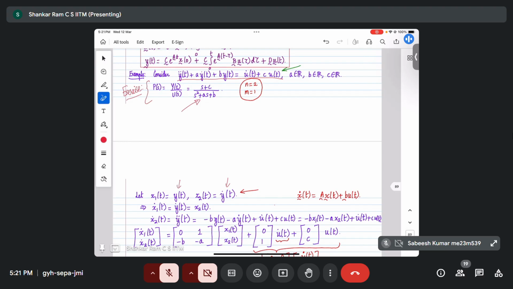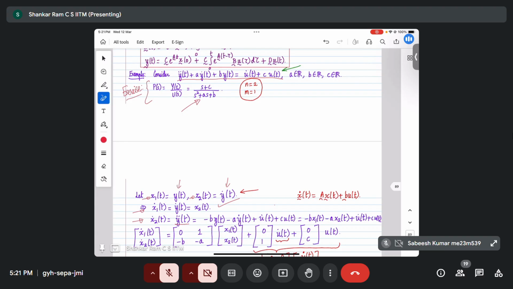Let's try out the same approach even here. So we choose x1 to be y, x2 to be y dot. Now, if we take x1 dot, we get y dot, which is x2. We know this. If we take x2 dot, we get y double dot.